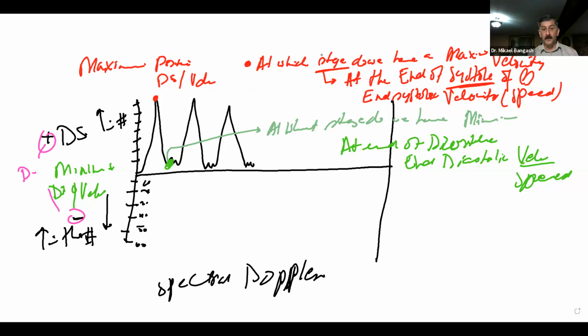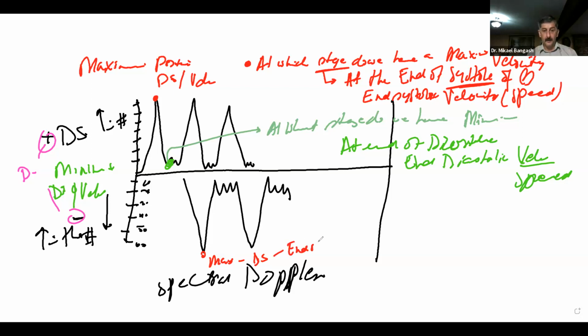So we can even say if we recorded a negative Doppler shift, this is still just going to be your maximum, in this case a negative Doppler shift. But that will still happen at end of systole of the heart.